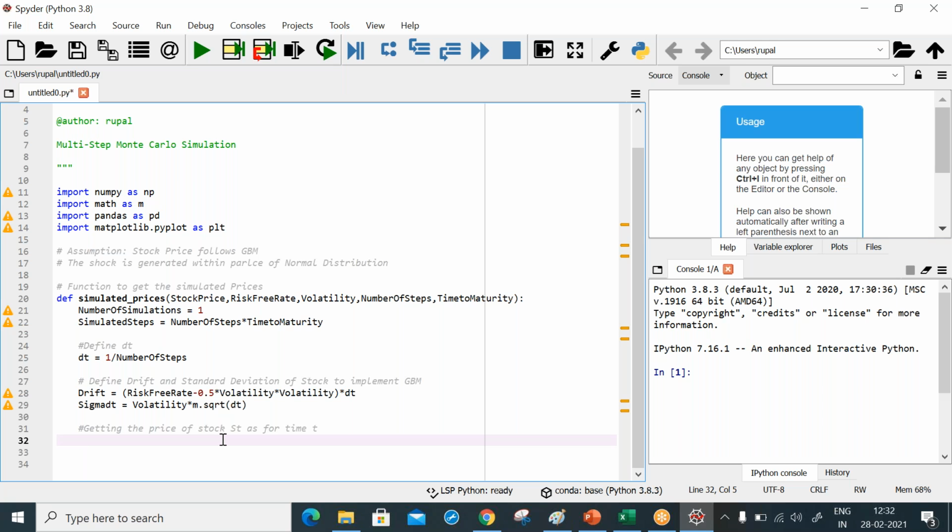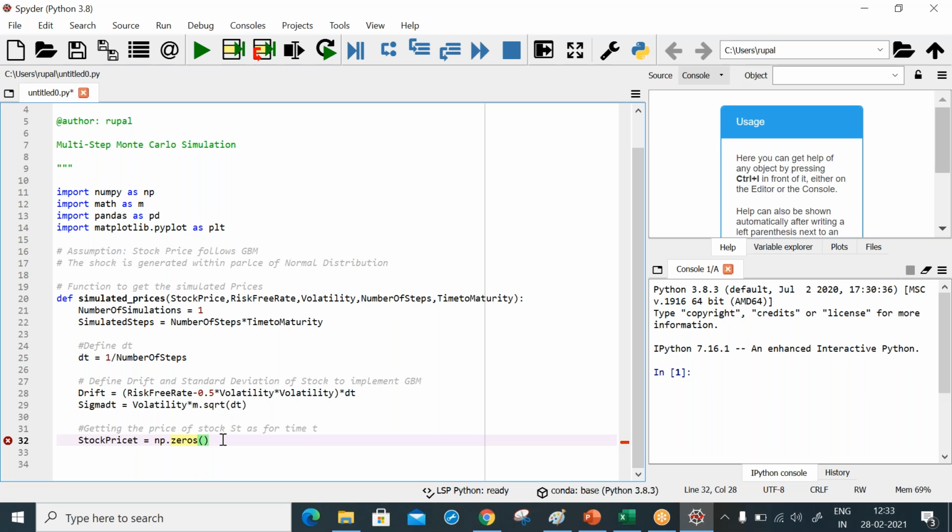For that, I think we first have to create the stock price T, which is equal to np.zeros. What is np.zeros?